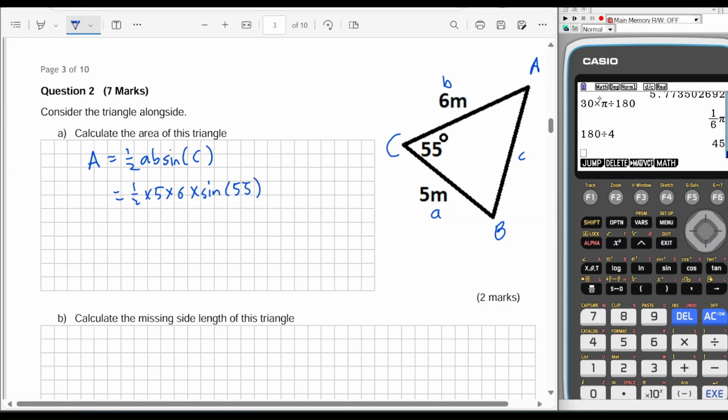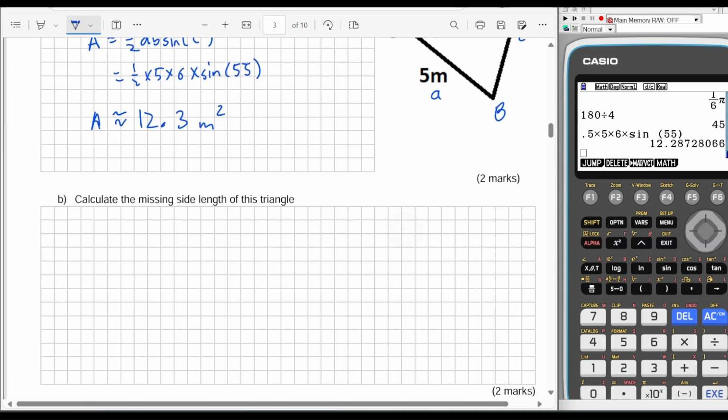Make sure we're in degrees, which we still are. It says it up the top there. So we got a half, 5, 6, and sine of 55. So it's 12.3. Notice I'm going to 3 significant figures with all my answers there. So area is 12.3 meters, and it's meters squared because it's an area.